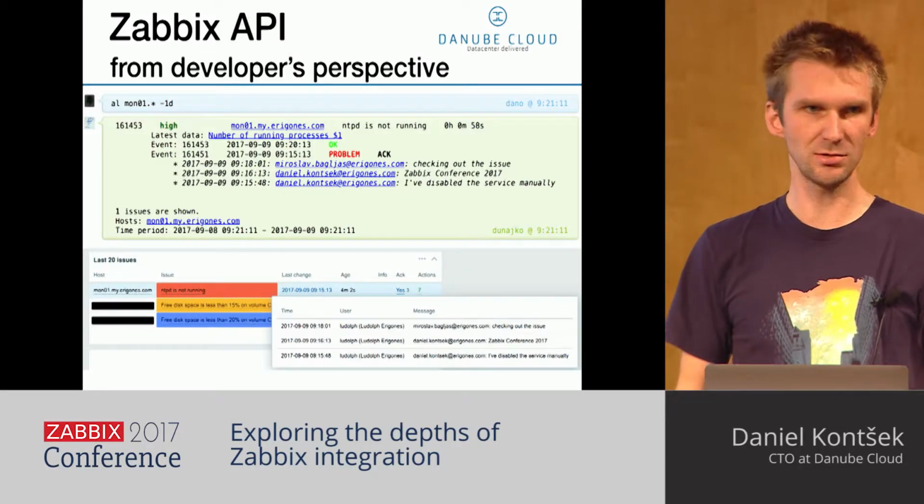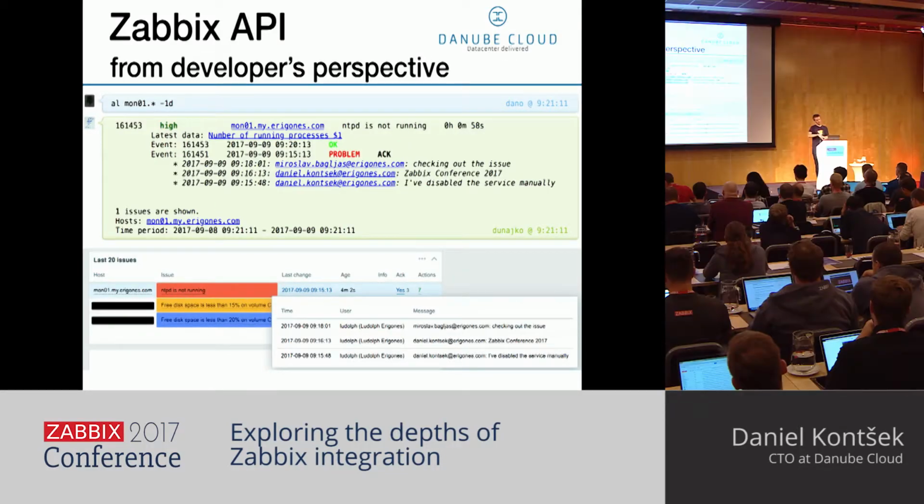So what I did, I opened up the dashboard.php file, took the PHP code, literally copy-pasted it into my Python code, changed the bits and pieces to Python, and it worked. So this was just awesome. You can see that it is similar code there. You already have in the dashboard this ACK column, and that's cool.